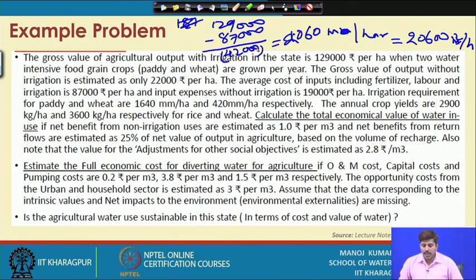irrigated crop in a year, as opposed to that where you have 22,000 as the value of the crop production and 19,000 as the value of the expenses.